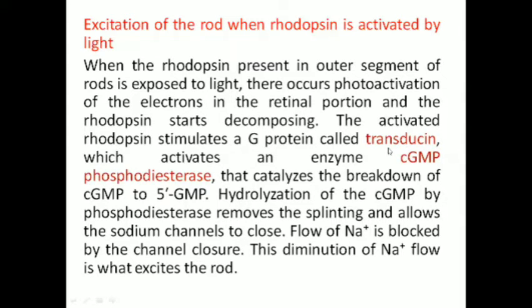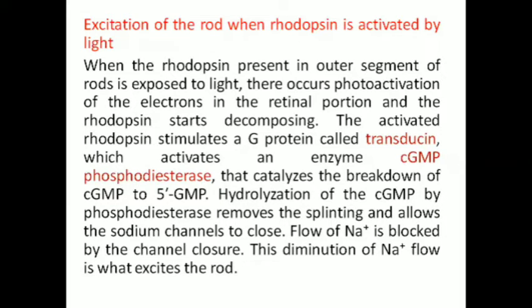The activated rhodopsin, that is metarhodopsin II, stimulates a G protein called transducin, which activates an enzyme cyclic GMP phosphodiesterase. And this cyclic GMP phosphodiesterase catalyzes the breakdown of cyclic GMP to 5'-GMP. Hydrolysis of this cyclic GMP by phosphodiesterase removes the splinting and allows the sodium channels to close.